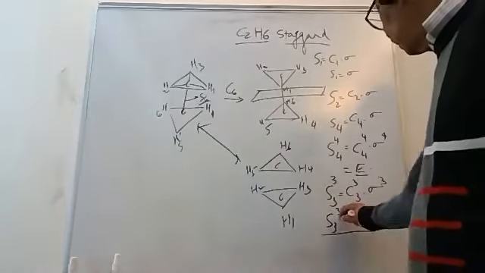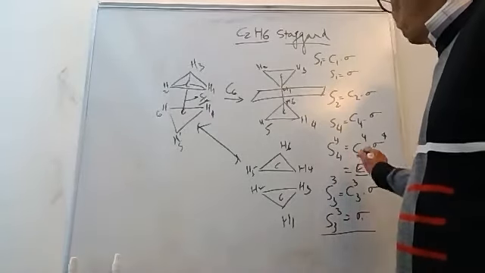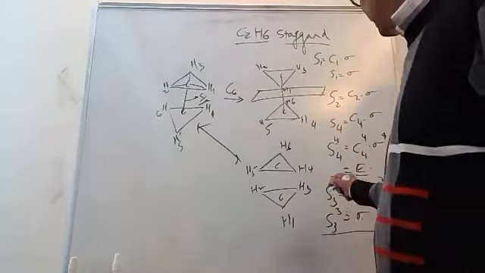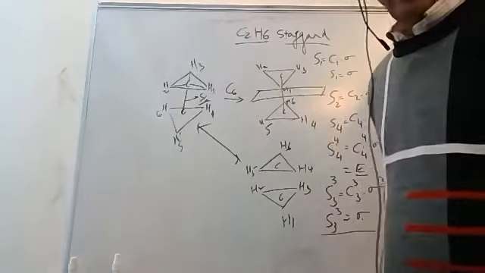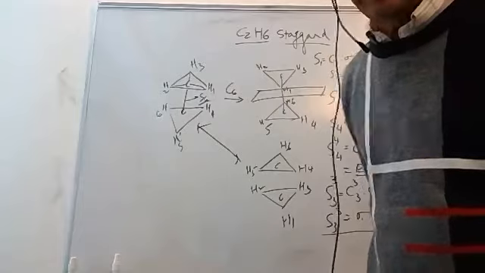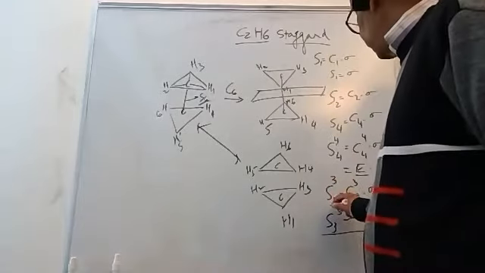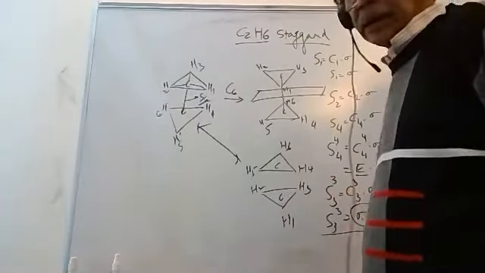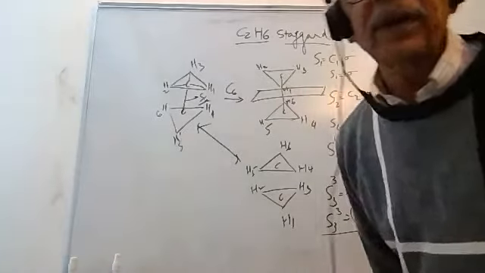So S3 to the 3 is a sigma, S4 to the 4 is E. So when it is an even number, then S4 to the 4 is an identity. When it is an odd number, and if you do 3 rotations on S3, the resulting thing is a sigma here. That's what we were talking about in the lecture.